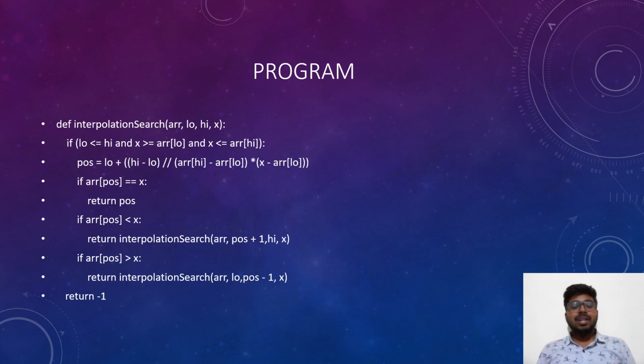We will check the condition if the subarray reduces to 0, and if not, we will enter the if condition and calculate the probe position. If the element is found at the probe position, we will return the probe position. If the probe position is less than the element, we will call it recursively, and again we will find the probe position, and so on.